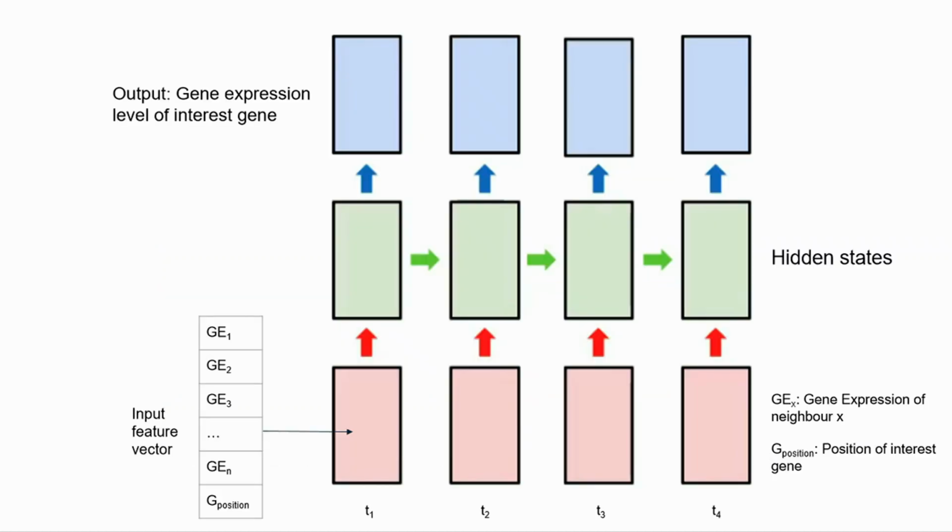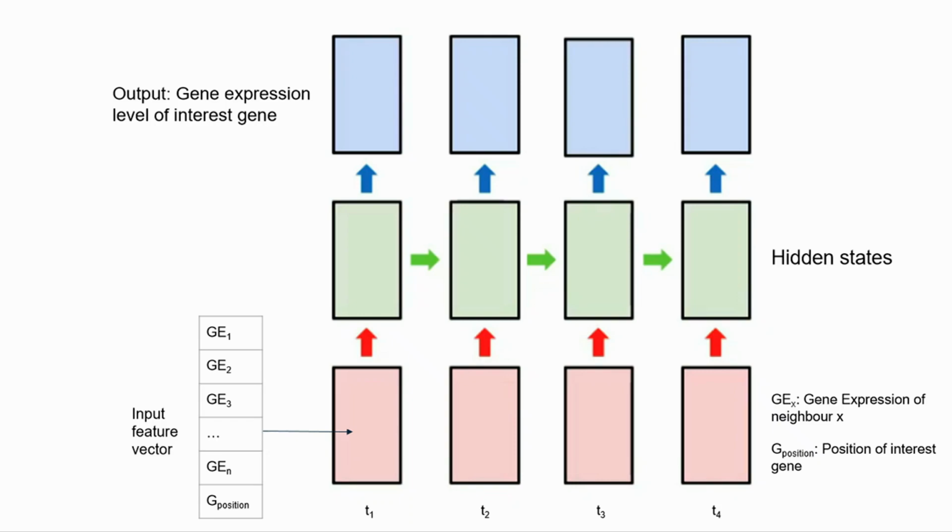We also tried a many-to-many RNN and LSTM approach where, as I motivated in the last slide, the input feature vector takes in the gene expression levels at each time step of its neighboring genes, and also the position in the genome. Our expectation was that the output of this many-to-many sequential model was the gene expression of our gene of interest.